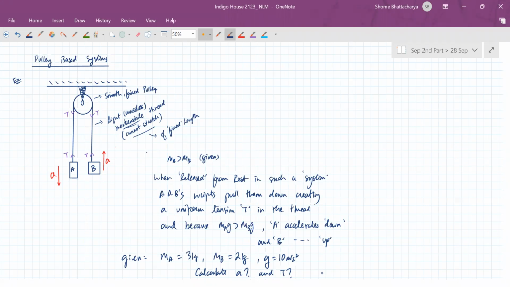And because the weight of A is greater than the weight of B, A accelerates downwards, whereas B accelerates upwards. So can you please read the point again?